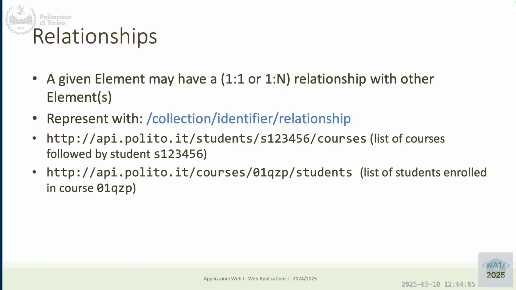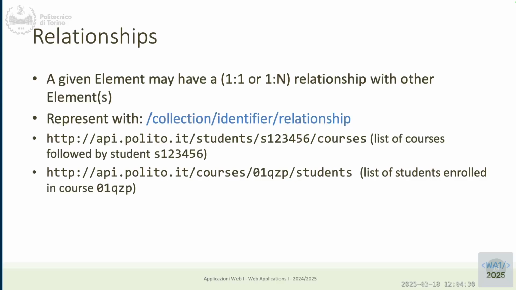So, for example, when I want to say students/ID is a given student, then I have some information about the student, which are scalar information, let's say, the name, the date of birth, and other information.